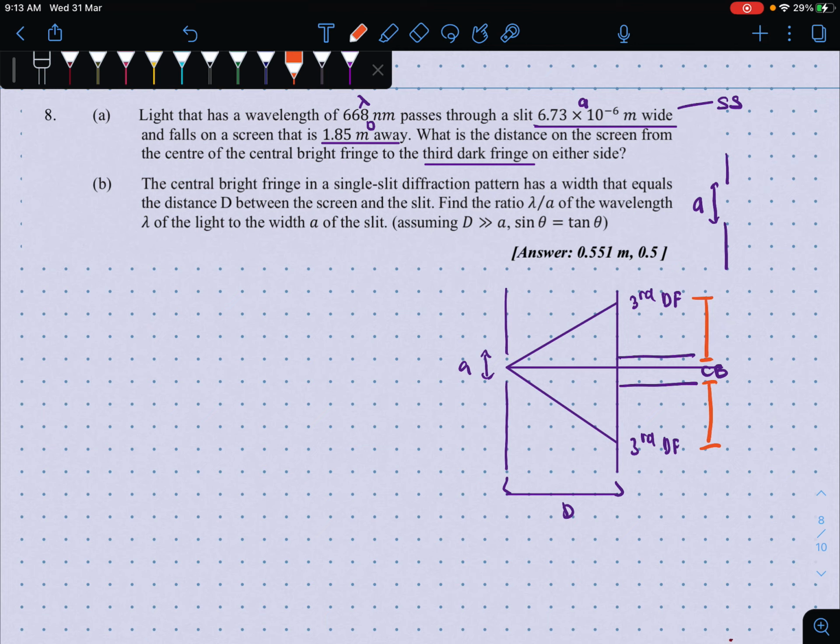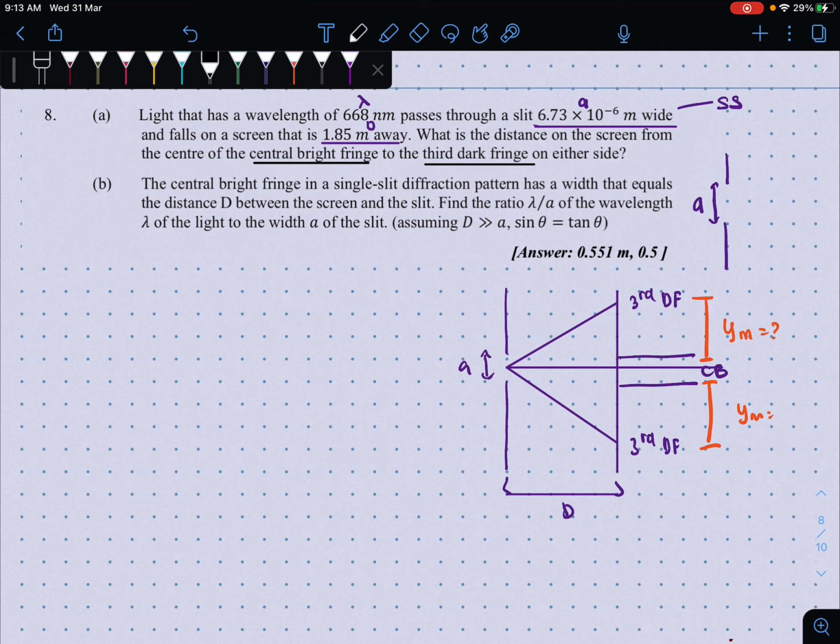So soalan tanya apa jarak ini. The question wants to find what is this distance. Okay, ini kita nak cari. Okay, from the central. Jangan salah faham soalan, bukan dia nak daripada third to third. Dia nak daripada central to the third. Cuma dia cakap on either side. Okay, on either side here.